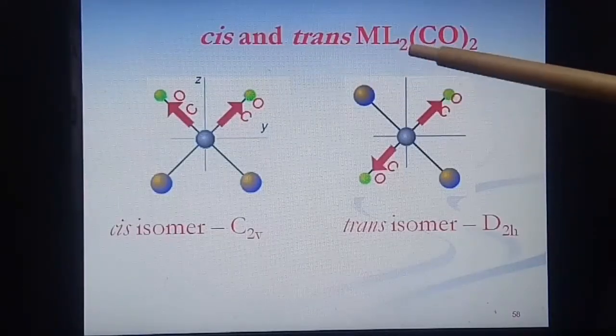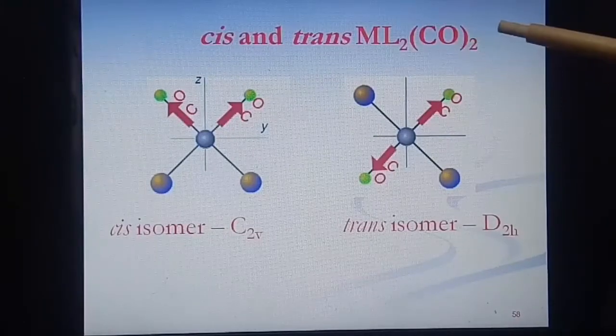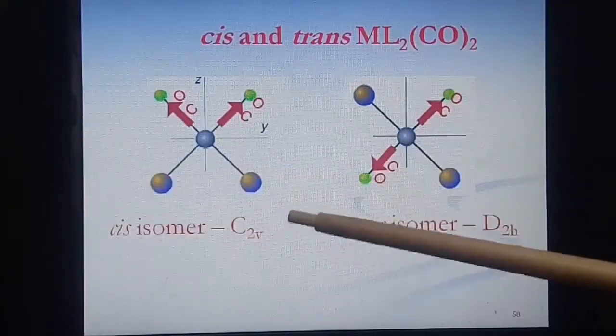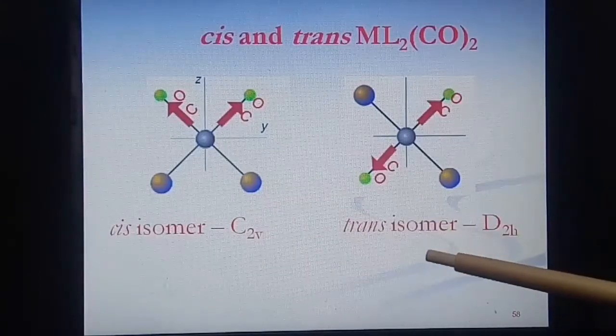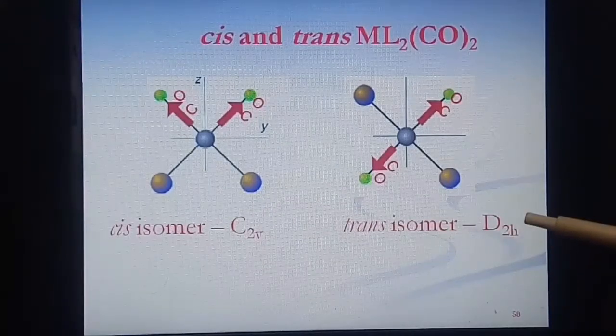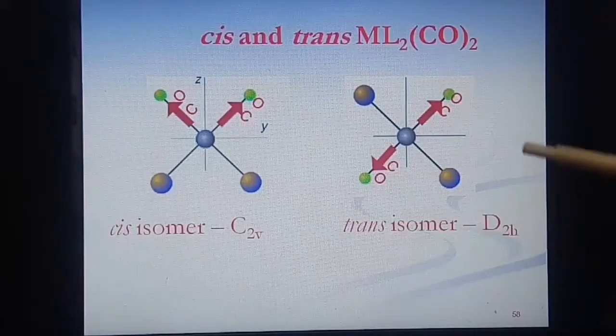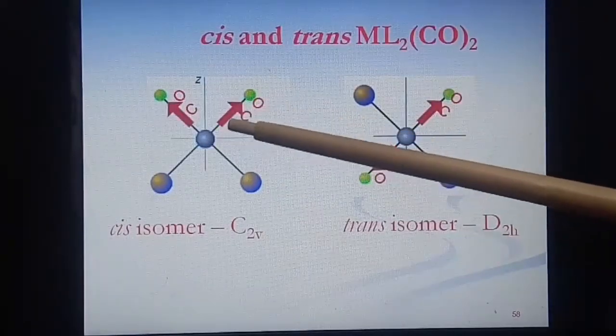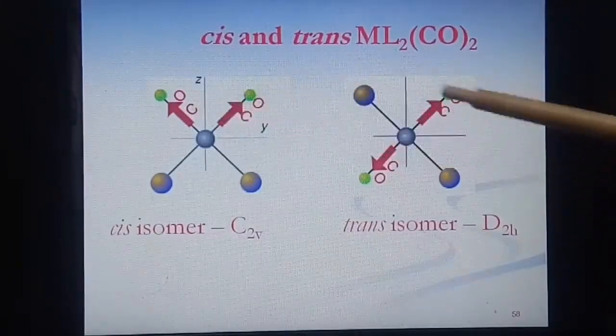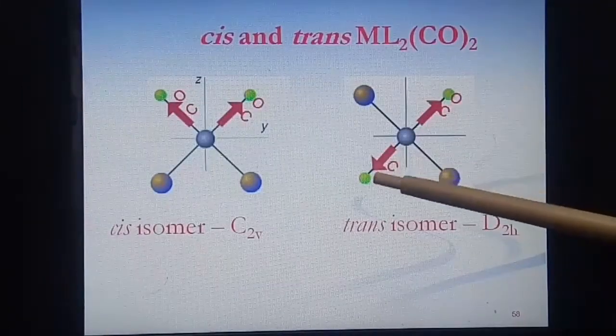This is the cis, which belongs to the C2v point group, and this is the trans isomer, which belongs to the D2h point group.